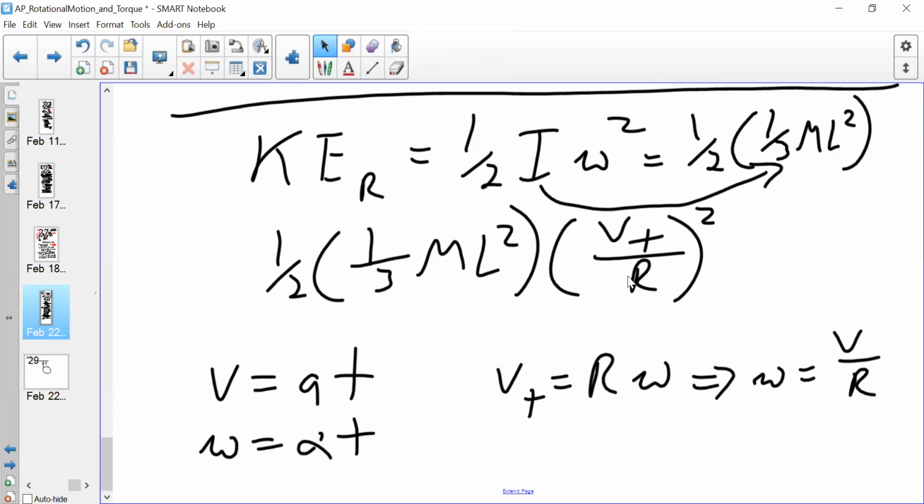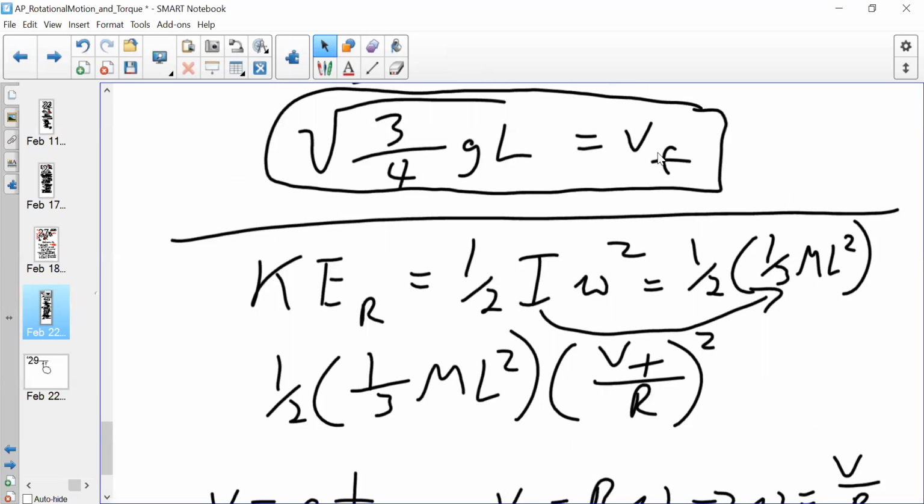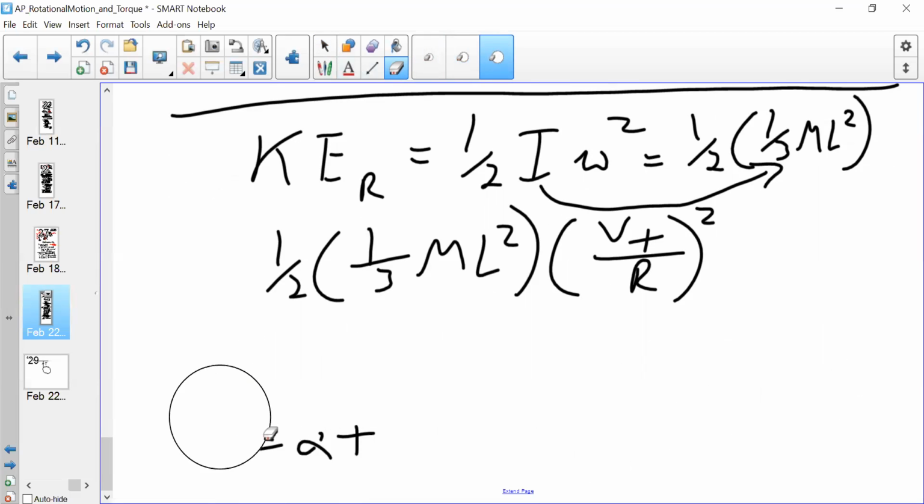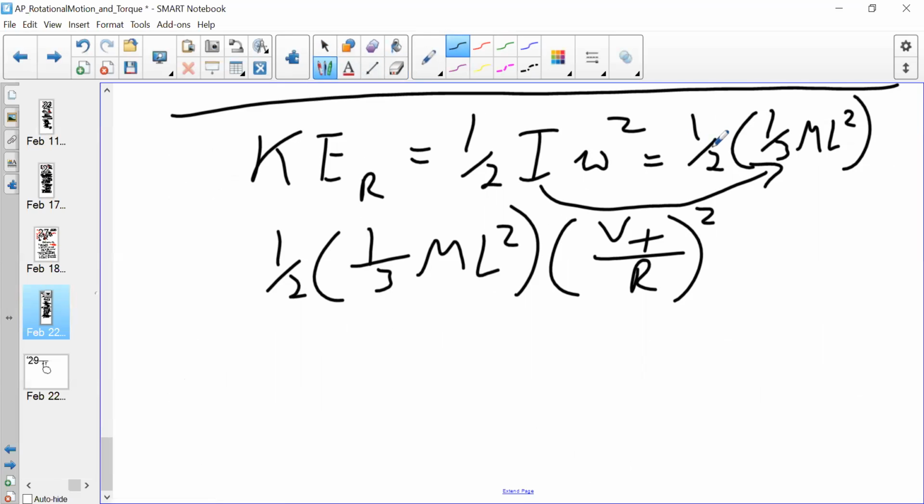And then we have an expression for the final translational speed we just saw for that. So why don't you take this moment and simplify this using this expression for velocity. So I'm going to erase this part. I will write the preliminary expression and you guys can just solve it out.